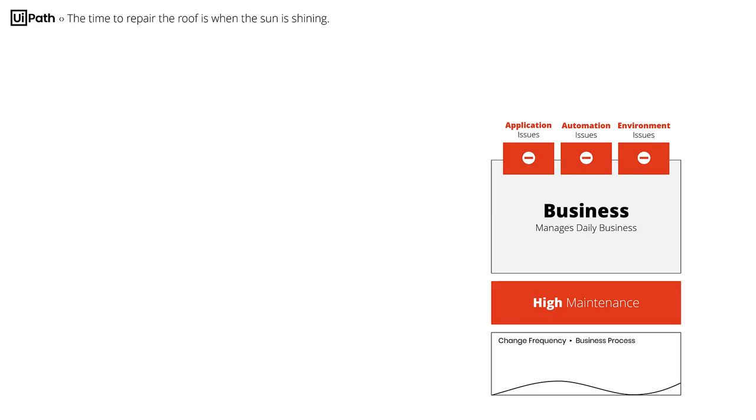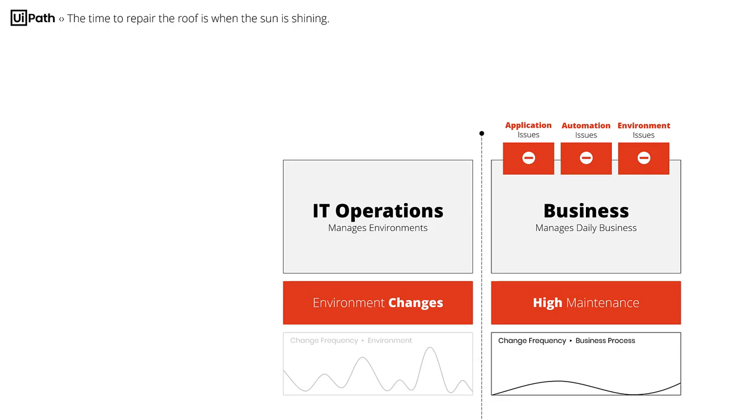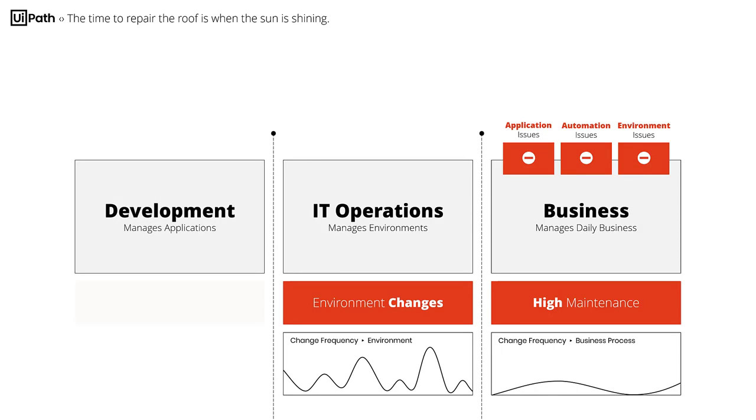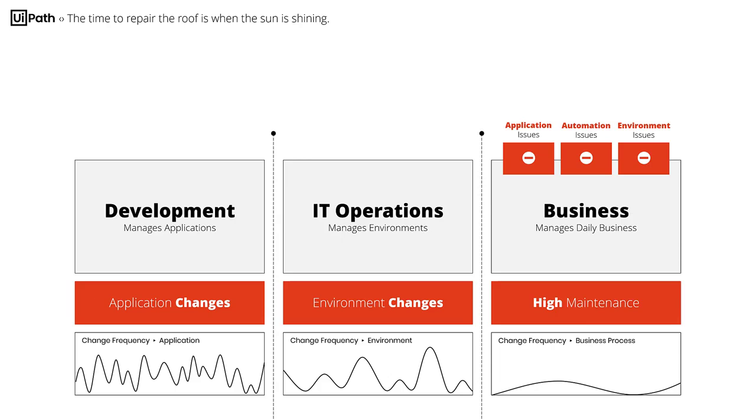Well, as already briefly mentioned, this discrepancy comes from the changes that are made to the environments by IT operations and from all the changes that are made to software applications by software development teams. Now, the change frequency of these environments and the change frequency of software applications is much higher than the change frequency of business processes. So what does that mean for us?